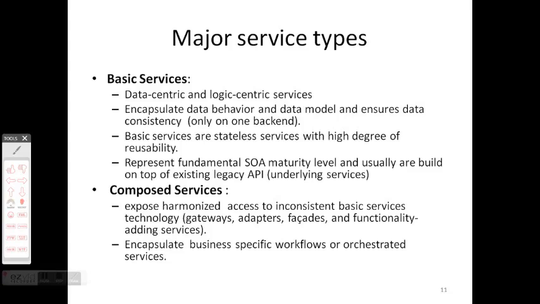Composed or composite services expose harmonized access to inconsistent basic services. When you say inconsistent basic services, that means sporadic.